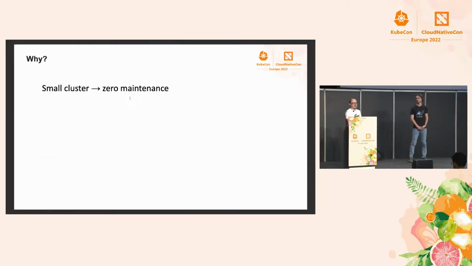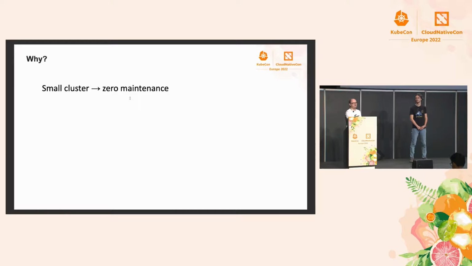Let's start with the why. If you have a small cluster, then you don't want to think about Elasticsearch to learn all about it, the ins and outs, and you would like to have as little maintenance as possible. So ideally, zero maintenance.